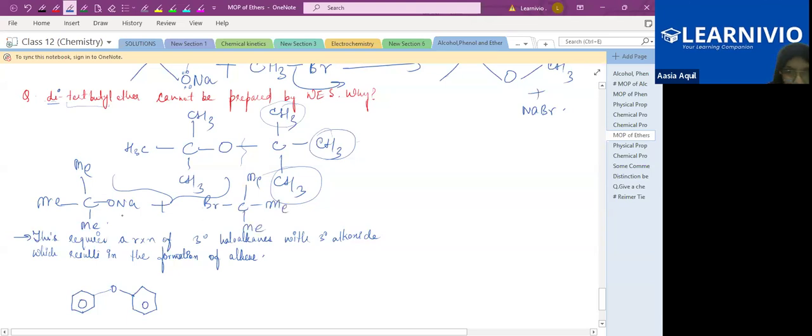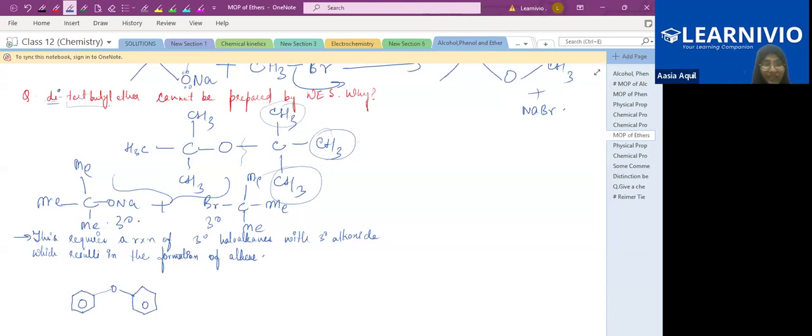So this is again the tertiary one. So when ditert butyl ether is prepared by the Williamson ether synthesis, there must be a reaction between the tertiary alkoxide and the tertiary alkyl halide.